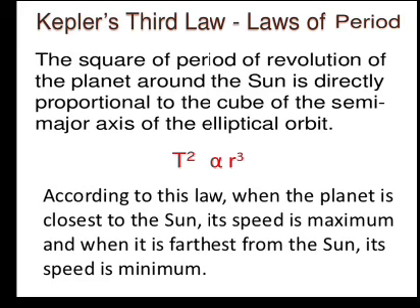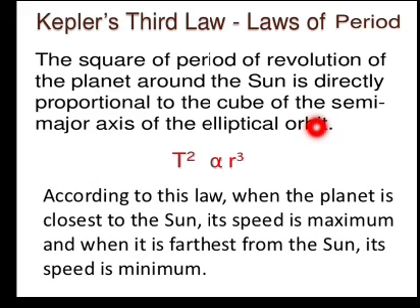Kepler's third law, or law of periods. The square of the period of revolution of the planet around the Sun is directly proportional to the cube of the semi-major axis of the elliptical orbit.